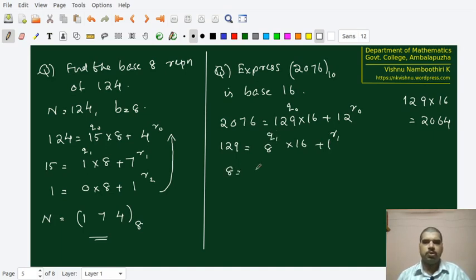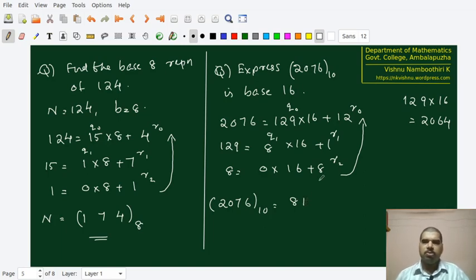Now 8 is equal to how many 16s are there? 0. Therefore 0 into 16 plus 8. This is r2. So again we are going to take the remainders in the reverse order from the bottom to top. So we will get 2076 in base 10 is equal to 8 1.